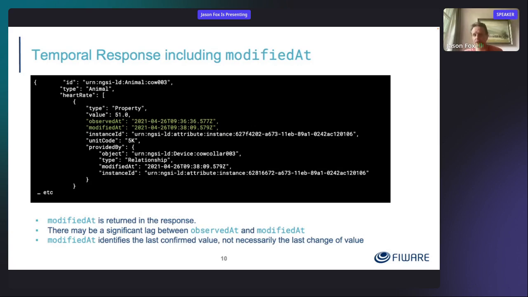If, however, you just want to see when things were changed in the context broker, then that's what modified at is. Modified at is the last confirmed value and not necessarily the last change of the value.